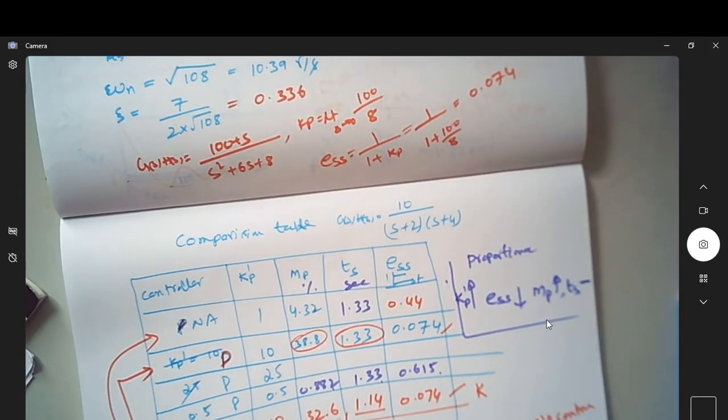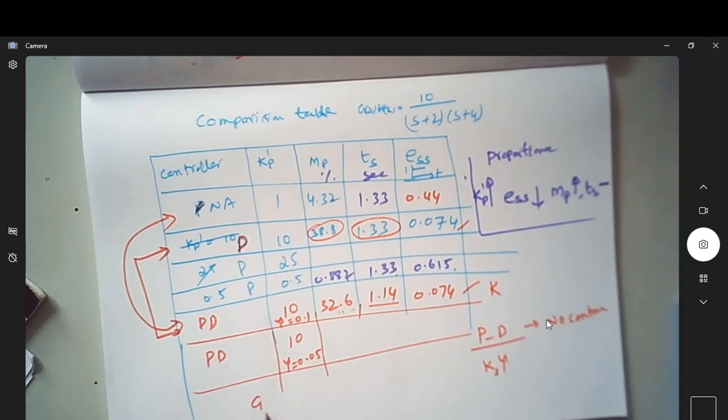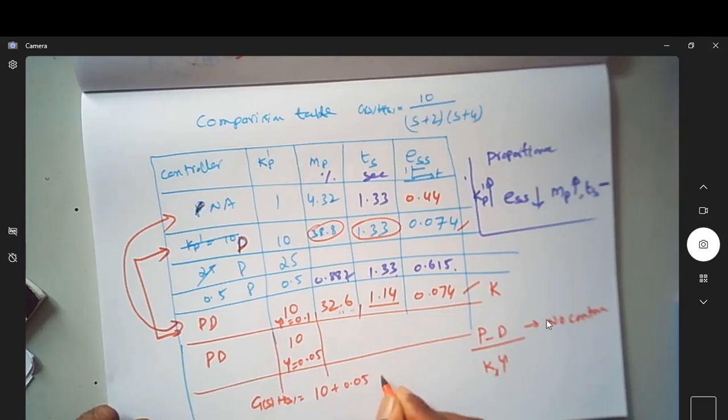What do we have? We have G(s) H(s) is now equal to (10 plus 0.05 s) into my old transfer function, 1 over s square plus 6s plus 8. So then this becomes (100 plus 0.5 s) divided by s square plus 6s plus 8.